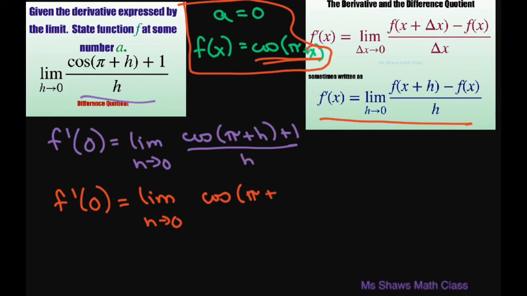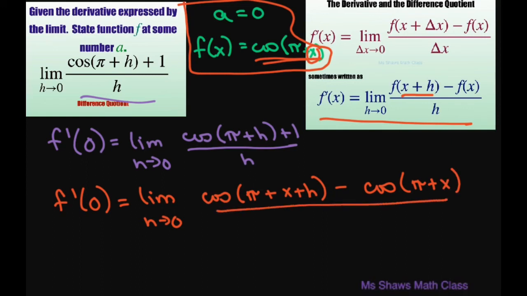Now in the x part, we're going to put x plus h. So you're putting x plus h, all right, minus the whole function, which is cosine of pi plus x, all divided by h.